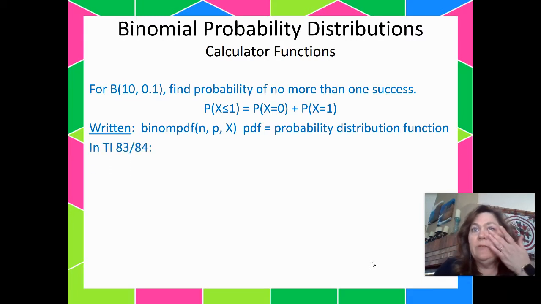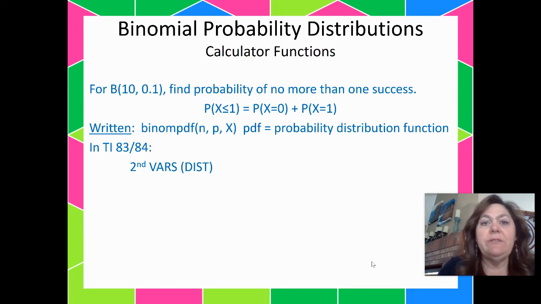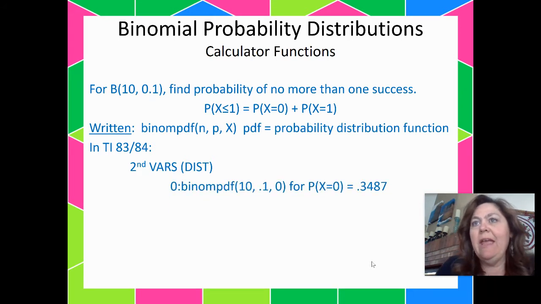Okay, so if you go to your calculators, which I hope you have with you, if not, pause this video and get it out. You're going to go to your second bars, which is distributions, because we're doing a probability distribution. And option 0, if you have a different calculator, look for your binomPDF function.